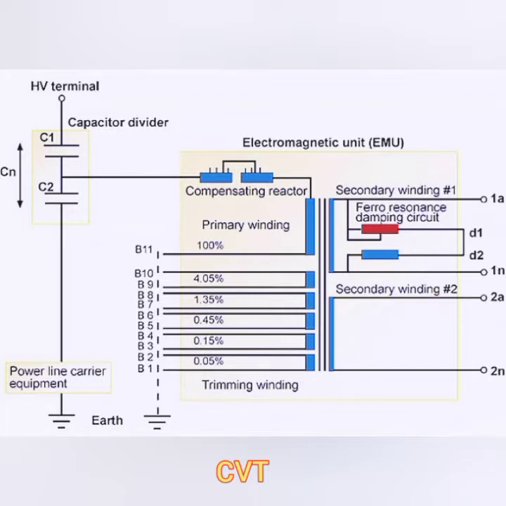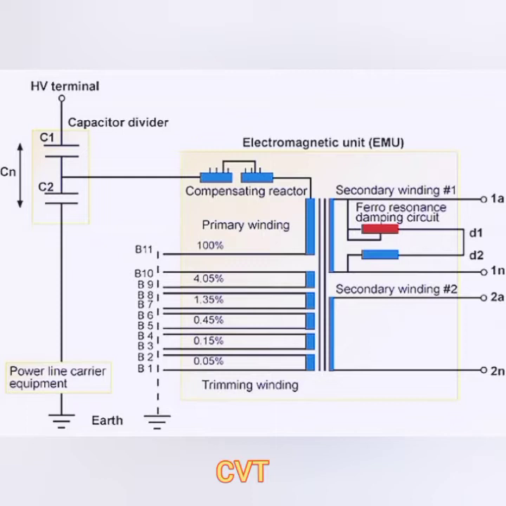Normally when reaching the electromagnetic component, the voltage will be lower, up to 12 to 20 kV. Then the step down transformer will step down your voltage to a measurable voltage such as 110, 115 or 120 volts. Here the ferroresonance damping circuit, which means your suppression circuit, suppresses the ferroresonance condition which we have discussed earlier.